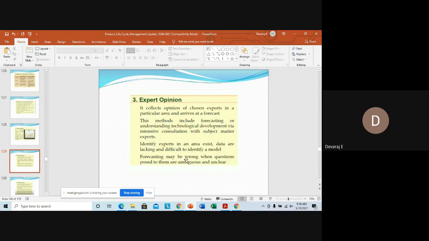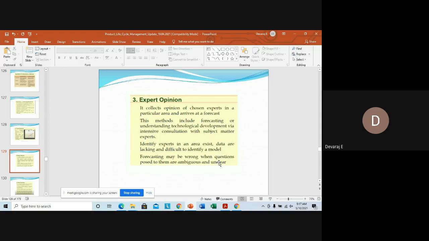Forecasting may go wrong when the questions posed to the experts are ambiguous and unclear. This indicates that if the question asked by the company is unclear, that is, they are not telling the problem statement correctly to the expert, then it will be very difficult to give the solution. The problem statement given by the company should be clear.